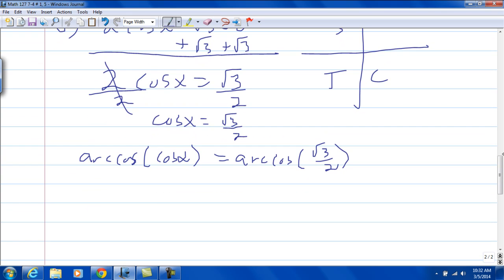So arc cosine of square root of 3 over 2, that's going to be pi over 6. You've got to memorize these things. Cosine of pi over 6 is square root of 3 over 2.